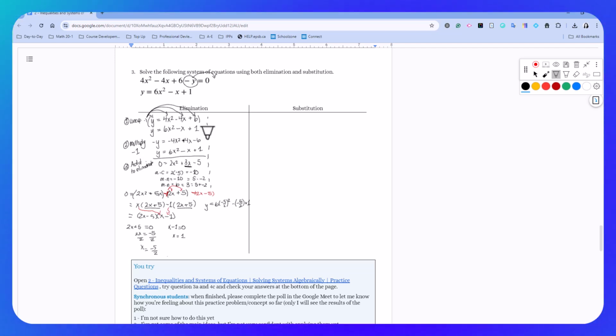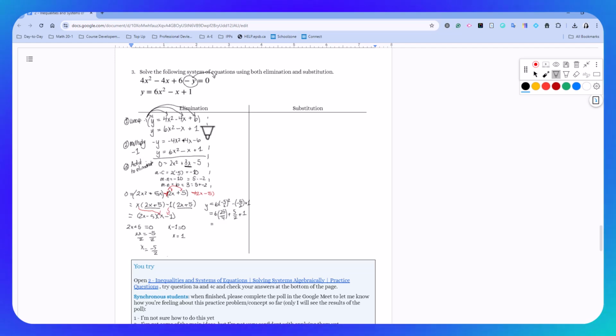Because both of these were quadratics, neither is better than the other. So let's go ahead and just keep going here. This is going to be 6 times negative 5 squared, which is 25, and 2 squared, because that's in the denominator, is 4. So I have 6 times 25 divided by 4 plus 5 over 2 plus 1.